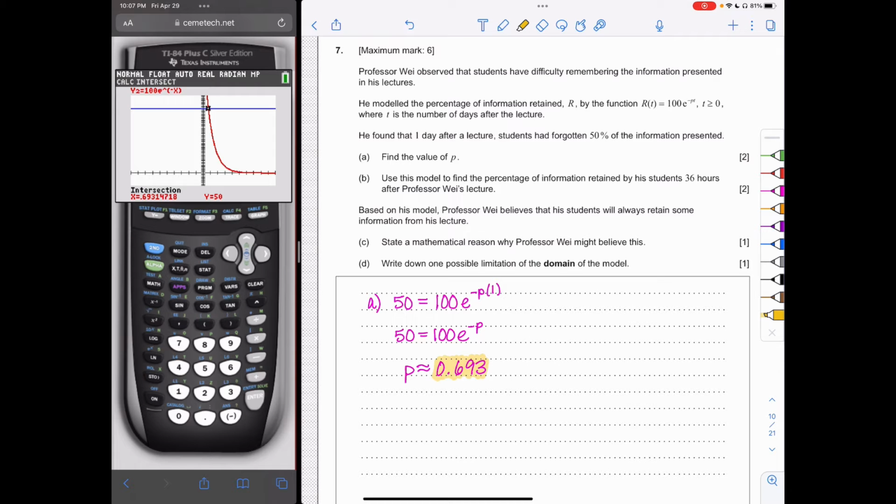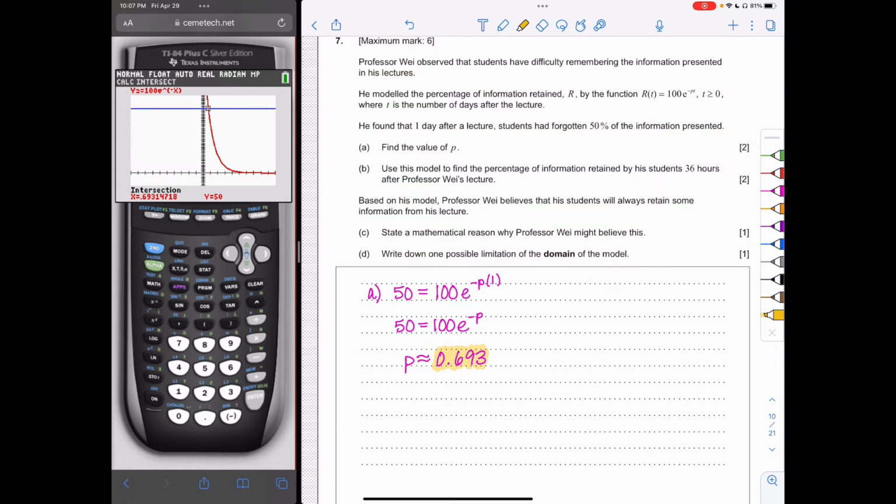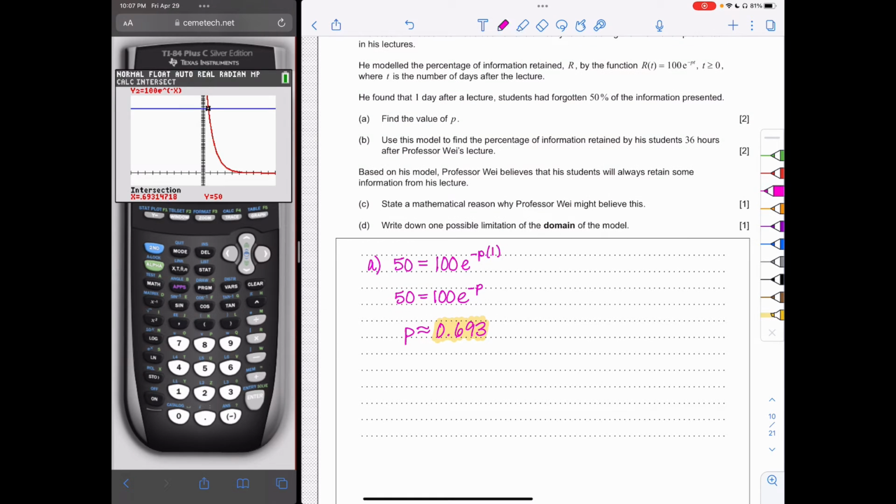Next, for part B, it says, use this model to find the percentage of information retained by his students 36 hours after Professor Wee's lecture. So remember, t is the number of days. Here for part B, 36 hours is equivalent to 1.5 days, because 24 hours plus 12 hours.